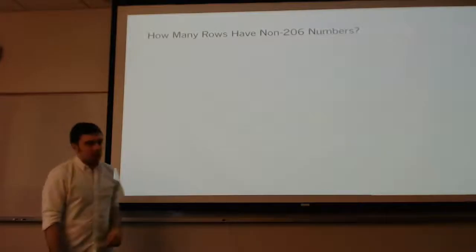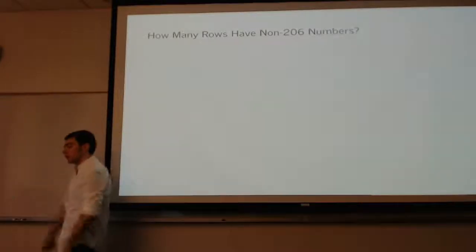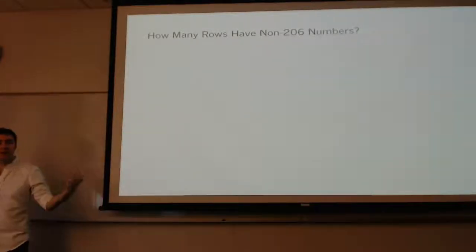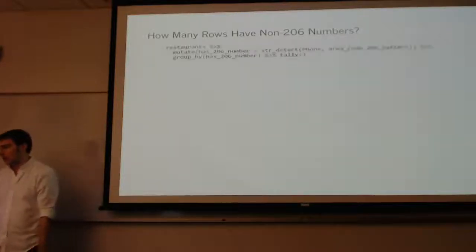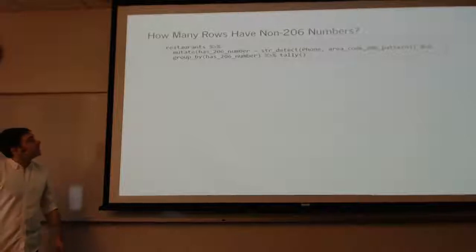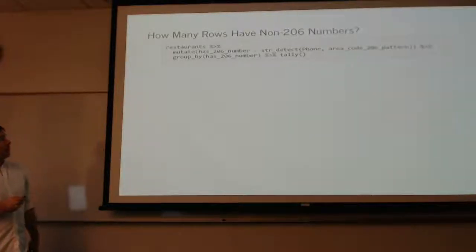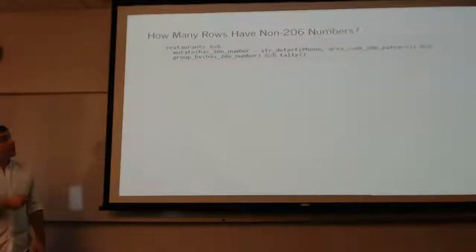Okay. So maybe we want to know something like how many rows in our data set have non-206 numbers. So which ones have area codes that are not Seattle's normal area code. Might do something like this. Take our restaurants data, make a new variable that just has 206 number with string detect, phone number, area code 206 pattern, right? This is going to create a logical vector that is true or false.